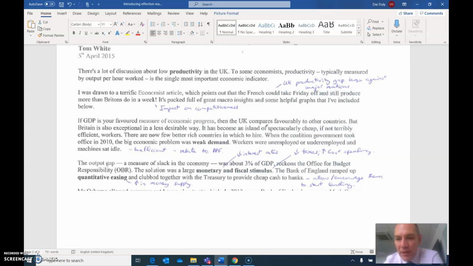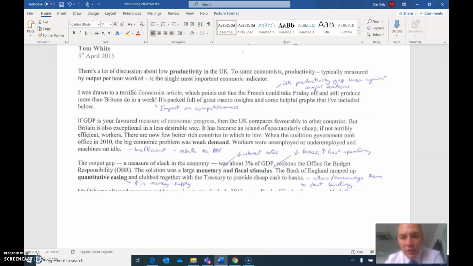And what's happened is that we now seem to be an island of quite cheap, if not terribly efficient workers. Now basically what that means, if we are not particularly efficient workers, think of where we would be on a PPF. So we would be inside the PPF.